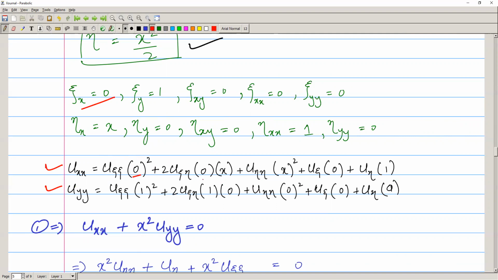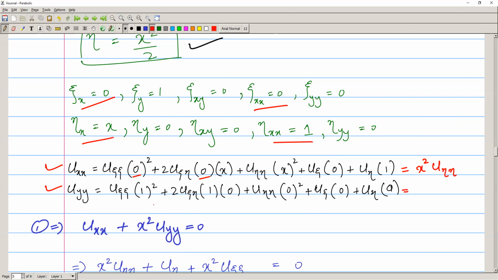Then here also psi x is 0, so 0 here, and eta x is x. This is eta x, so we'll apply x here, and then again psi xx will be 0 because psi x is 0, and then eta xx is equal to 1, right? So we will only be left with x squared times u eta eta, right?